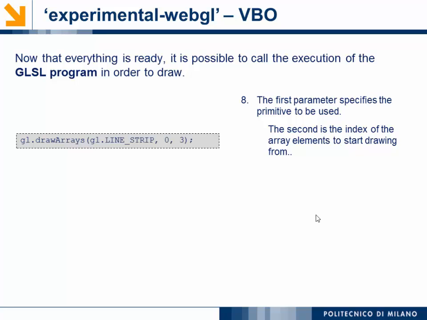Remember that even if we pass 6 values, we couple them 2 by 2, so they define 3 vertices here, from 0 to 3 and close, and we have a triangle, which for drawing a triangle is a lot of effort. But consider that this procedure works for any object that you want to draw. That's the good thing.